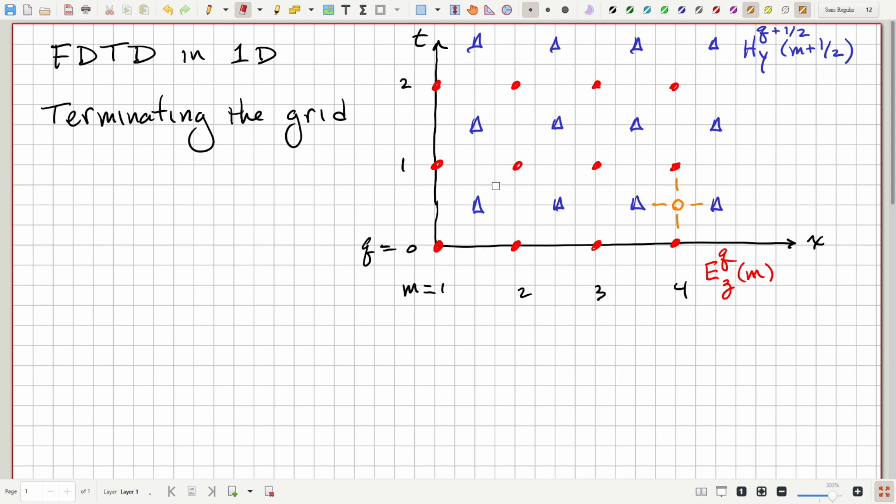And likewise over here, let's say right here, we can make a central difference in space and time. And if we know these values of EZ and this value of HY, then we can leapfrog into the future here to get the next value of HY.